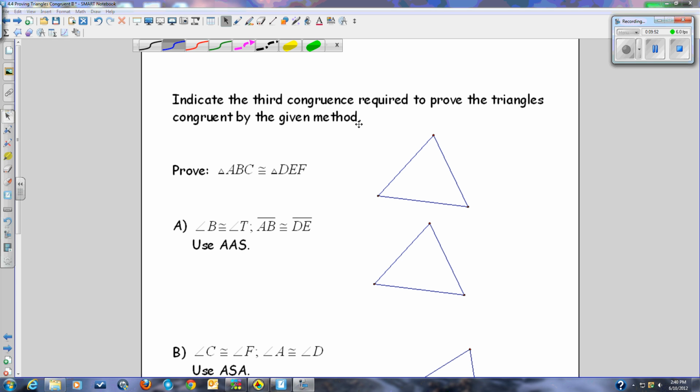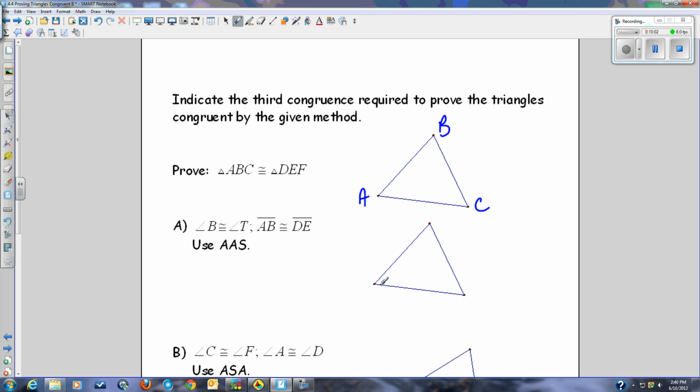It says indicate the third congruence required to prove the triangle is congruent by the given method. We want to prove that triangle ABC, which we'll label, is congruent to triangle DEF.